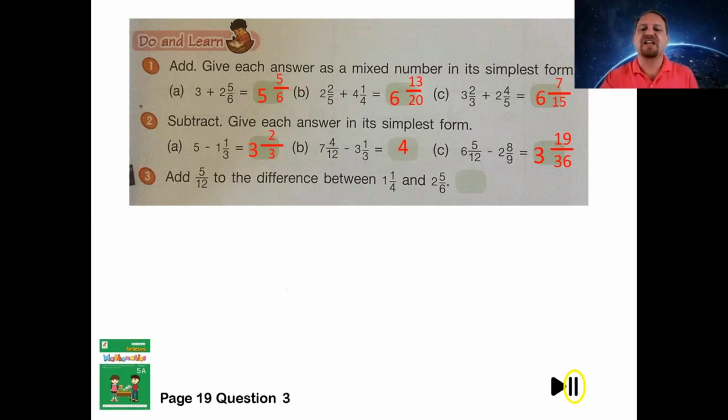Okay, so guys, we must subtract 2 and 5 over 6 minus 1 and 1 over 4, and then we get the answer, and we will add 5 over 12 to our answer. Okay, so you guys press pause and try it by yourself now.